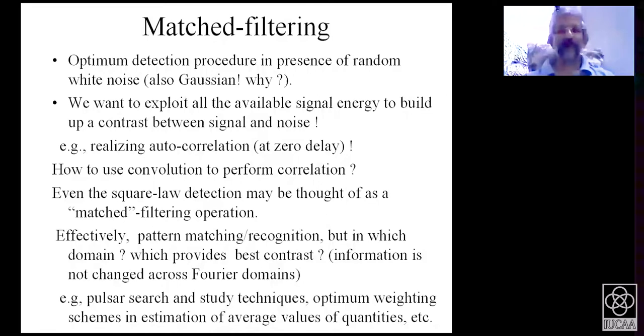This word would have appeared purely as an electrical engineering term for a long time in the past. Thanks to the LIGO context and the gravitational wave detection context, people have now been using this term more routinely in astronomy. You can show that this is what we do for optimum detection. The optimum detection amounts to matched filtering. And effectively, what is it?